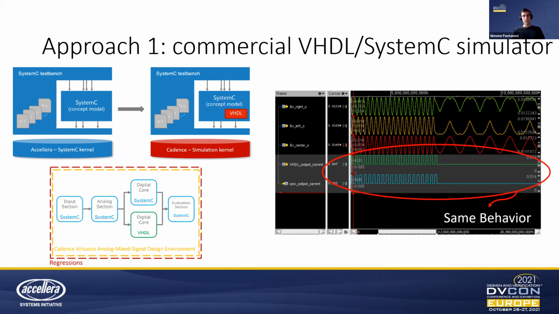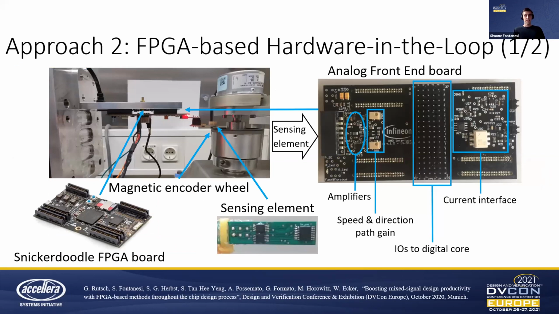And then in order to speed up the simulation, we started to analyze different approaches. Last year, we presented at DVCon together with some colleagues an approach which was based on system on chip, in particular on FPGA. At that time, we reused a hardware platform which we were using to provide the fast prototype to our customers.